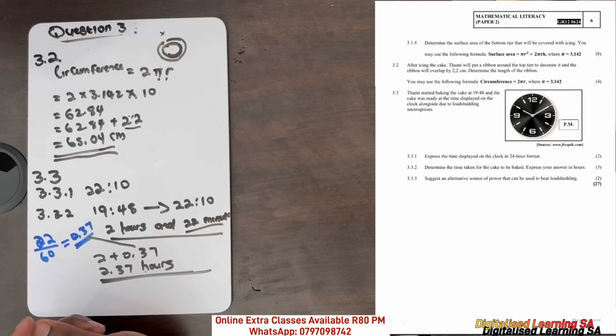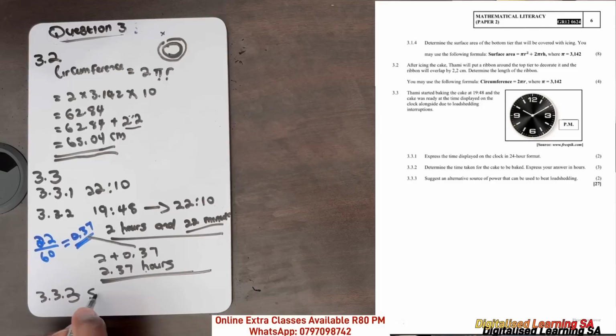Okay, so now let's move to our last question for question 3, which is question 3.3.3. Question 3.3.3 says to suggest an alternative source of power that can be used to beat load shedding.